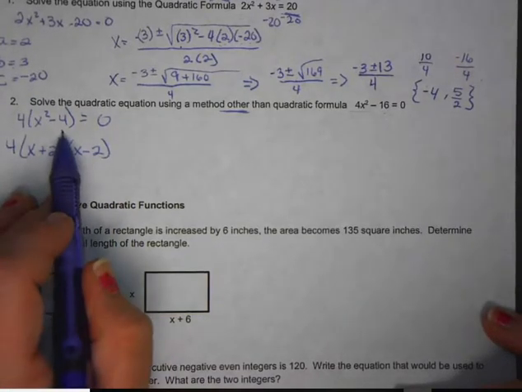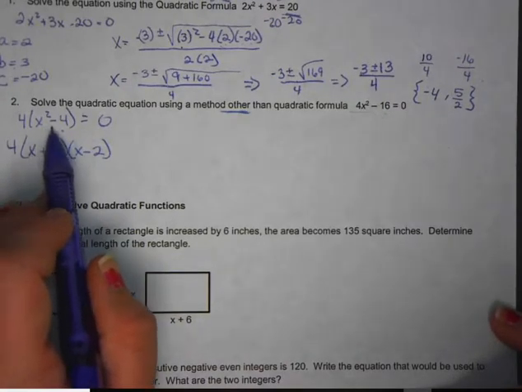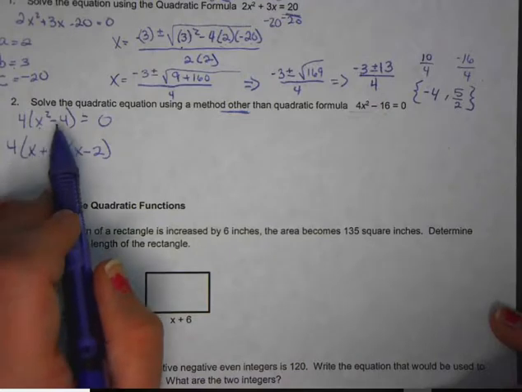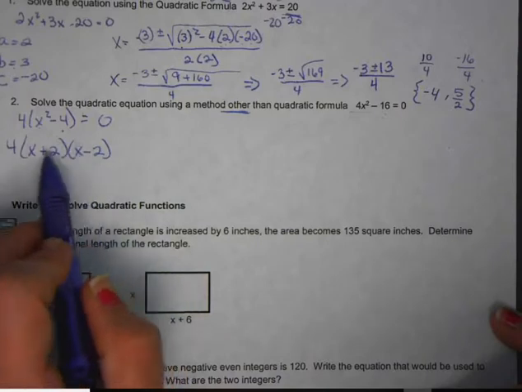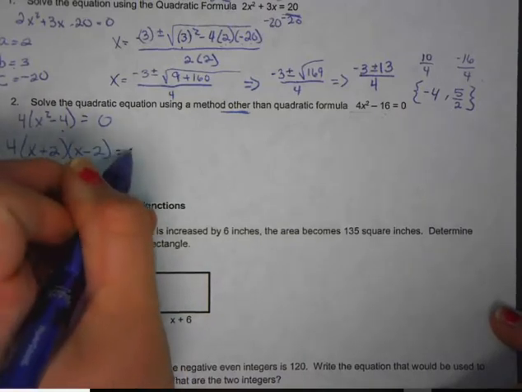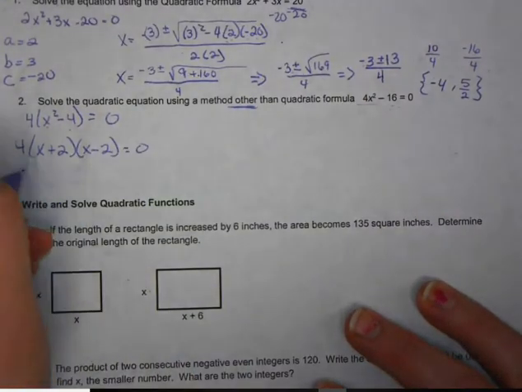Remember, when we have the difference of squares, we just take the square root of the first and the square root of the second and make them conjugates of each other. Remember, they're conjugates. So what I'm going to do here is go ahead and set each factor equal to 0.